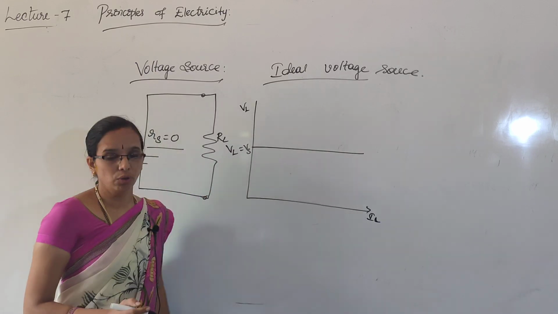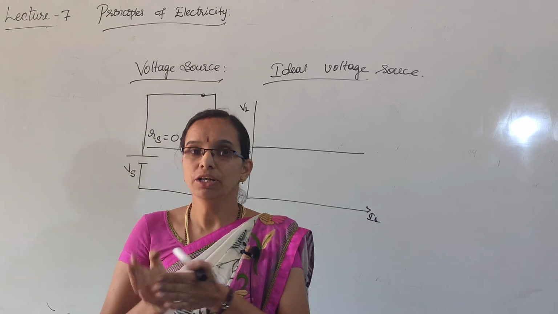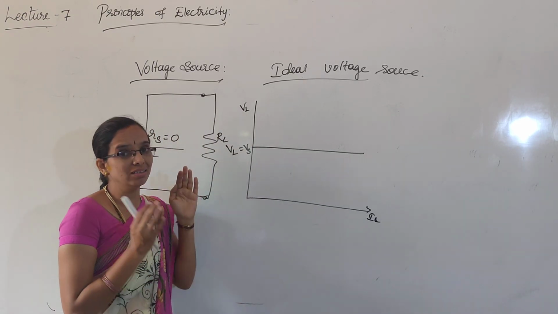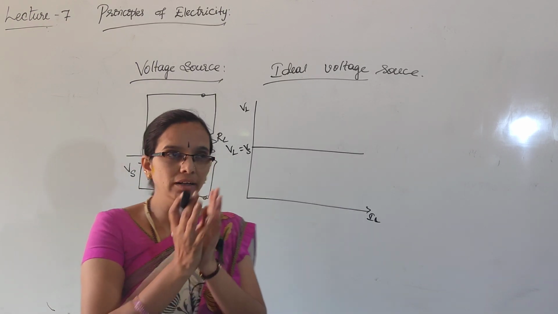RL is the load resistance, that is your load, whatever electronic device you are connecting. We represent it using one resistor, because whenever a voltage is connected across a resistor, current flows.